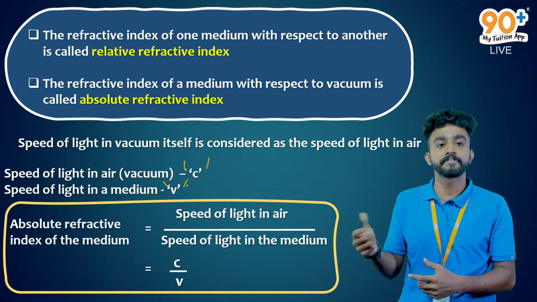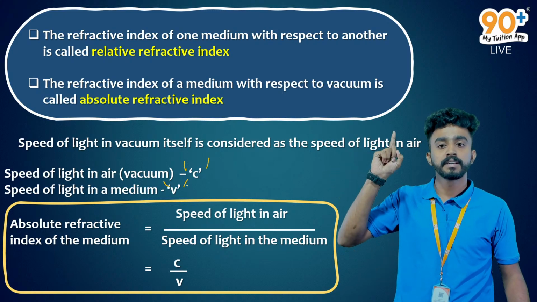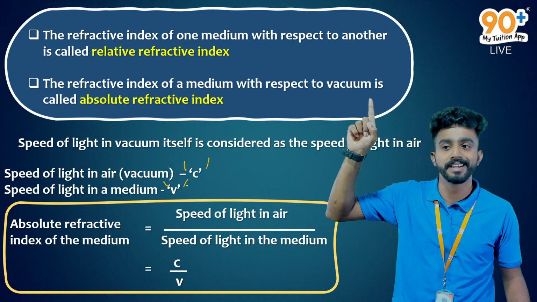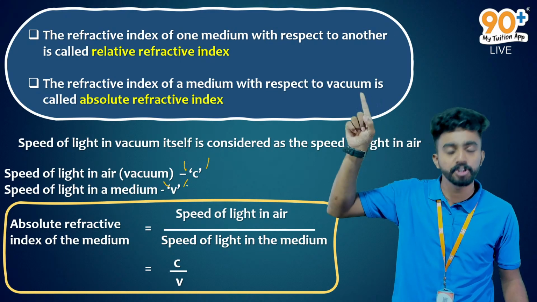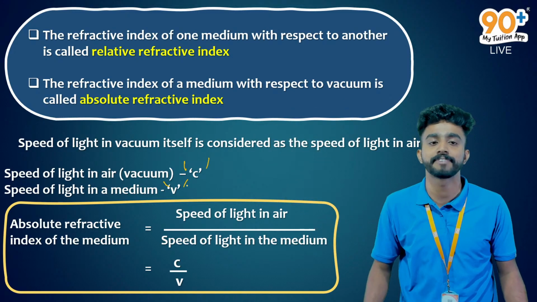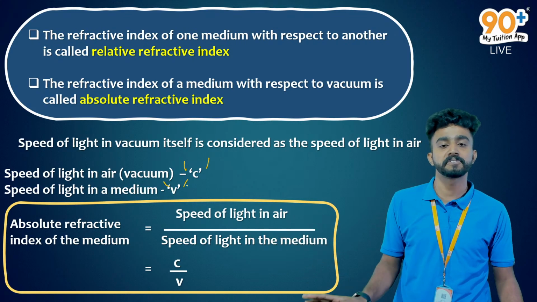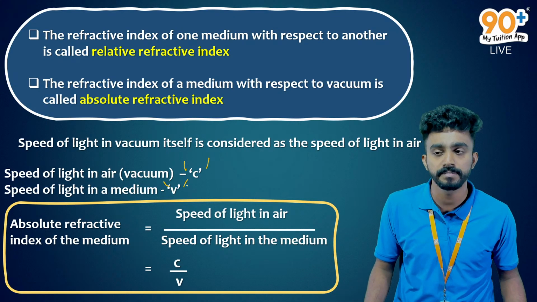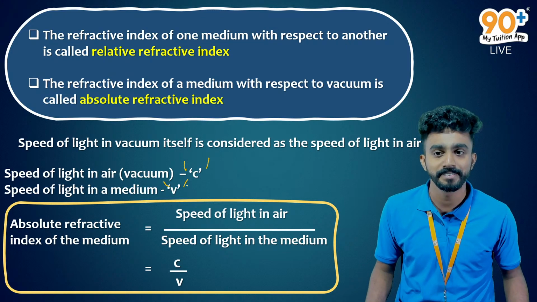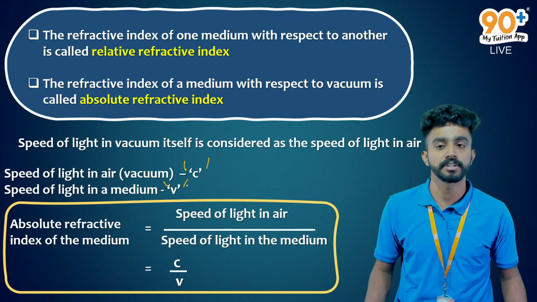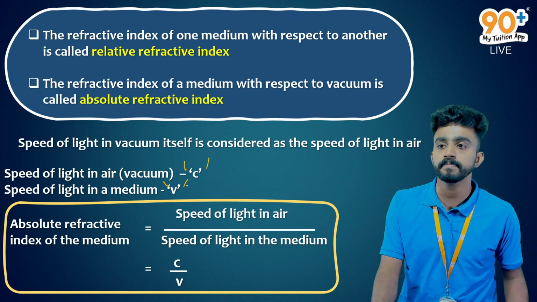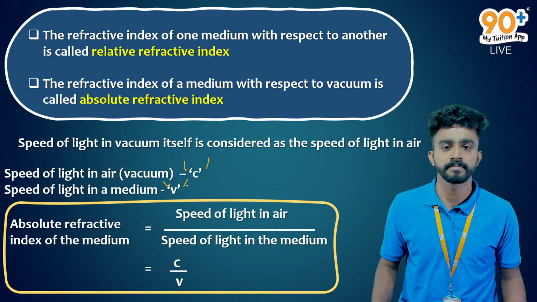But if we are considering the refractive index with respect to vacuum or air, in that case, it is the actual refractive index or absolute refractive index, or the general refractive index which we are considering. Got it? Clear? Fine. Everyone done, right?